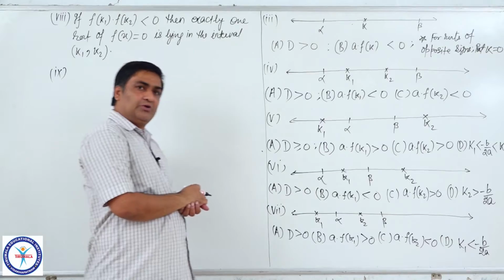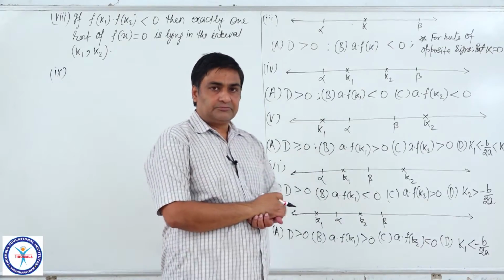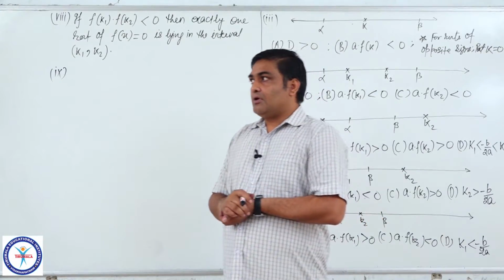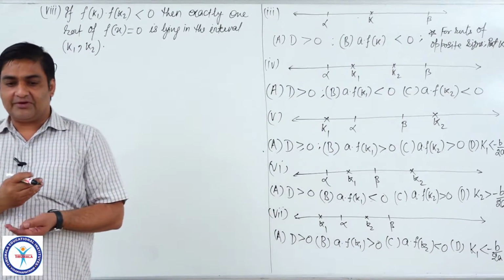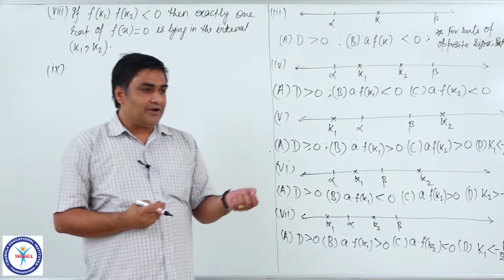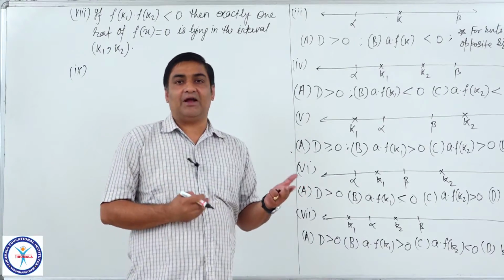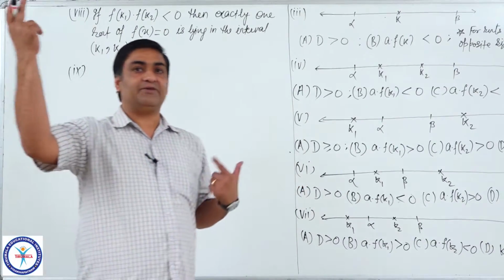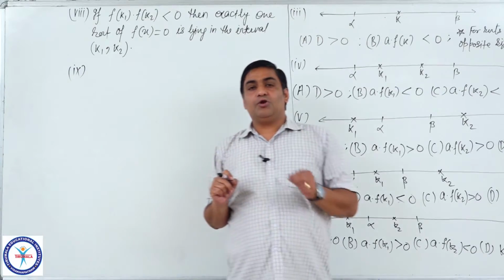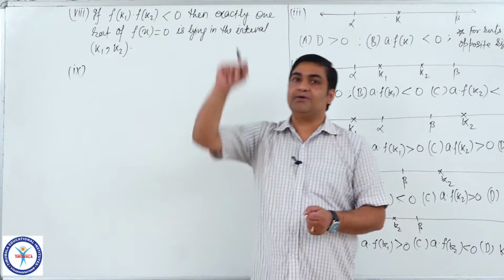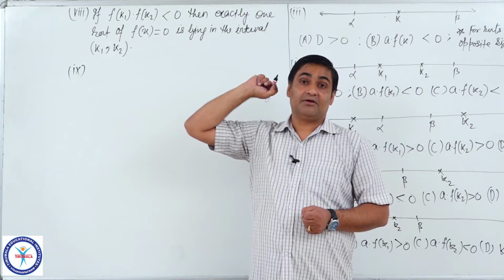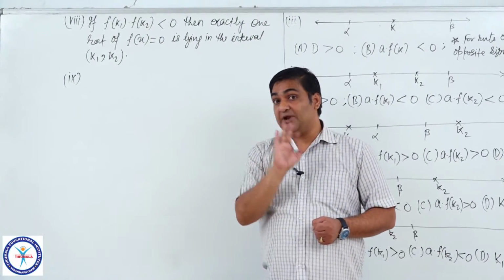Now, point 9. It is a continuity theorem. Suppose a function is continuous and at some point its value is minus 6 and at some point its value is 7. Continuous means the function is moving from the value minus 6 to 7, with no break in the graph.